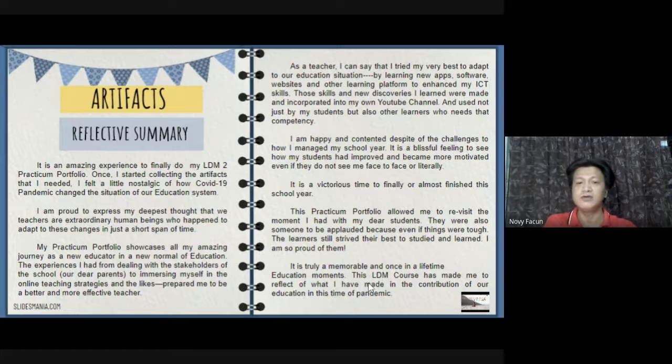This LDM course has made me reflect on what I have contributed to our education in this time of pandemic. Di ba? Ang sarap maramdaman sa sarili natin na kahit mahirap itong online natin in the new normal teaching, nakatulong tayo, especially sa ating students, to achieve their goals para maging kapakinabangan pa rin yung pag-attend nila ng classes. At natuto sila, yun ang importante doon.